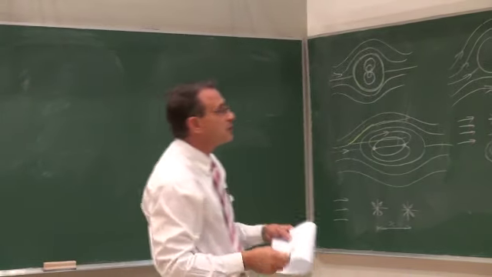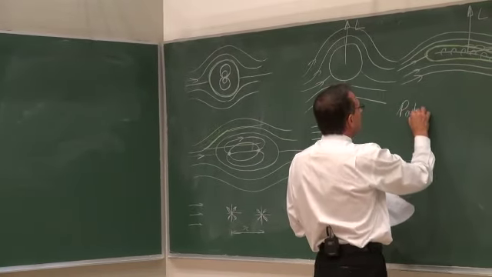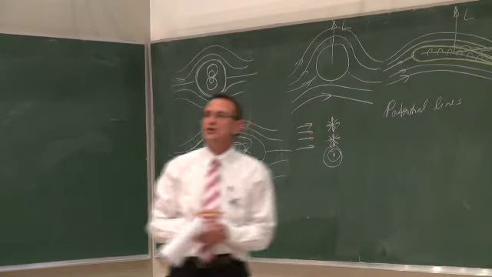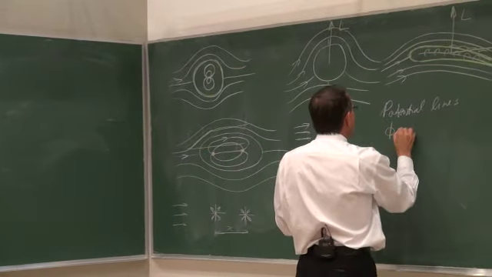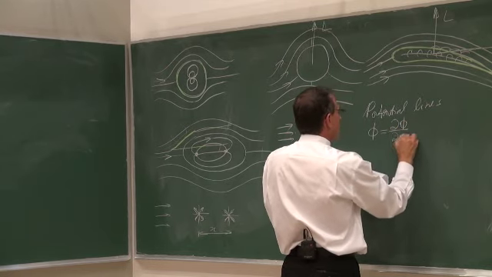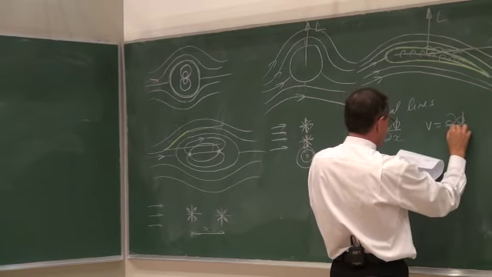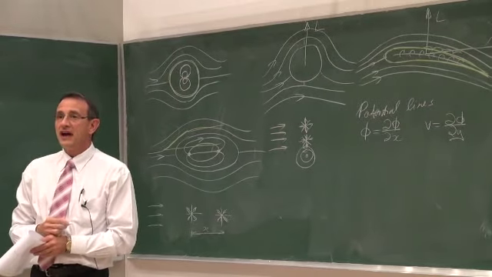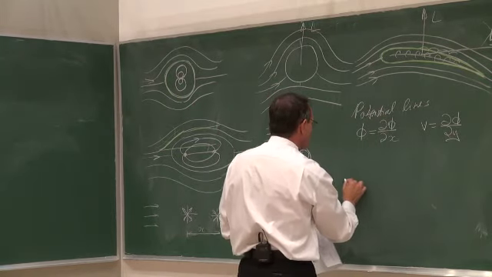Now something else that is important is that there are also what are called potential lines or potential functions. And these functions would be u is equal to dphi/dx and v is equal to dphi/dy. Now what are they? They are just lines which are perpendicular to the streamlines.